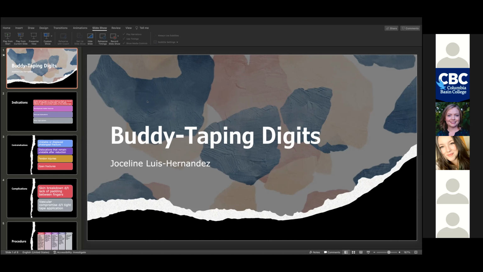And you want to make sure that there's no wrinkles or folds in the gauze that can put pressure. You're going to apply tape around both digits to bind the injured finger to the uninjured finger. You're going to use one strip of tape to bind the adjacent fingers between the joints. You do want to leave the knuckles untaped to allow them to flex and extend.